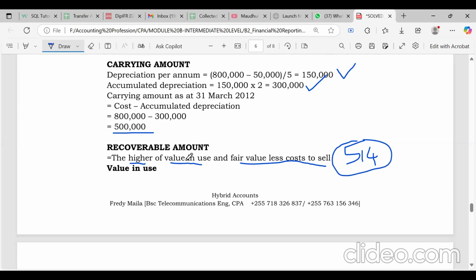But this lower figure itself is more than the carrying amount. So there is even no need of computing that fair value less cost to sell, because if it is lower than 514, it won't be useful. If it is higher, it is obvious, because this lower one is already greater than 500. So there is definitely no impairment here.